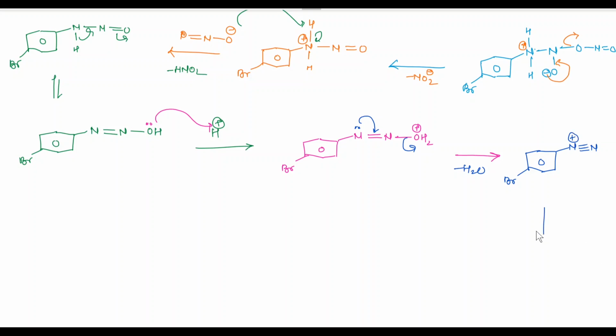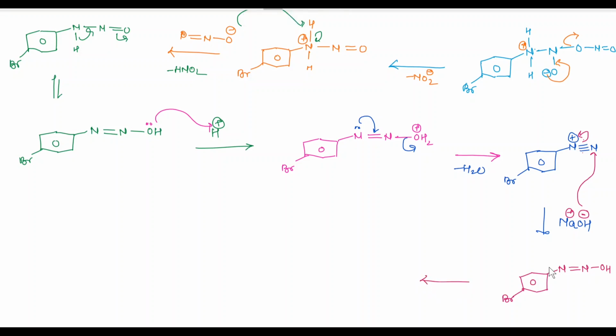In the next step, in the presence of a base like NaOH, OH negative attacks this nitrogen and this bond opens on nitrogen, and here we get Br, bond nitrogen double bond nitrogen bond OH.